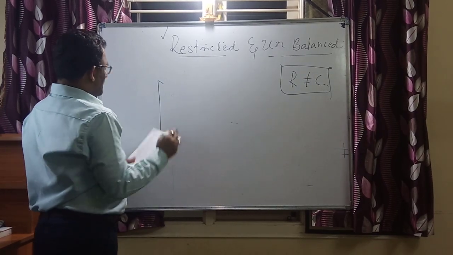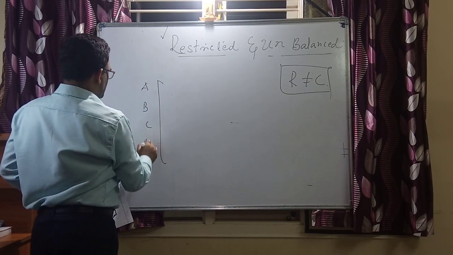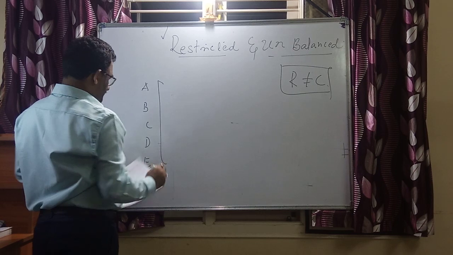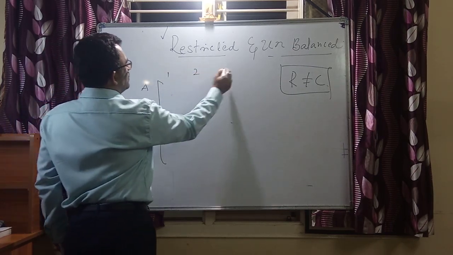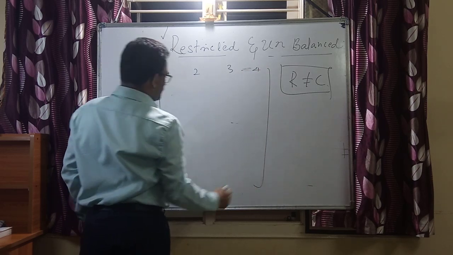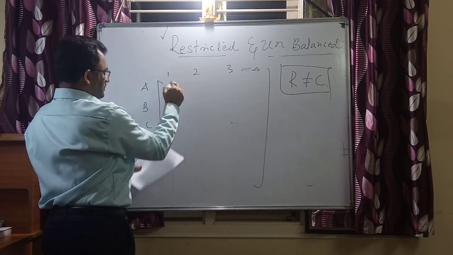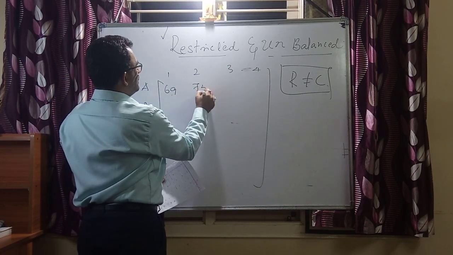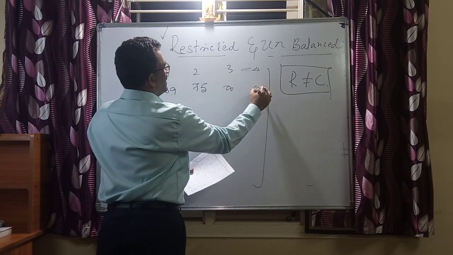I have 5 employees to be allocated with 4 jobs: 1, 2, 3 and 4. This is 69 here, 75. Again this is infinity and then infinity.